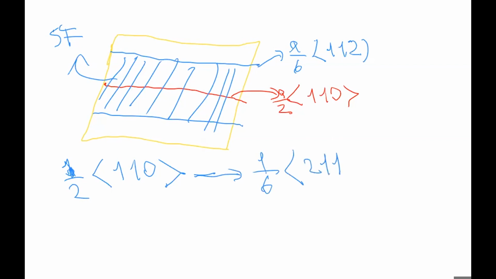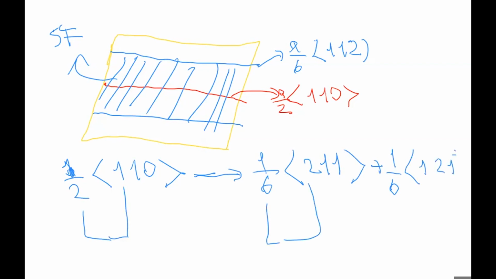The perfect dislocation will decompose into 1/6 [211] plus 1/6. What should be the rest? 1/6 [12-1], I think, correct? Plus the stacking fault energy in between them.